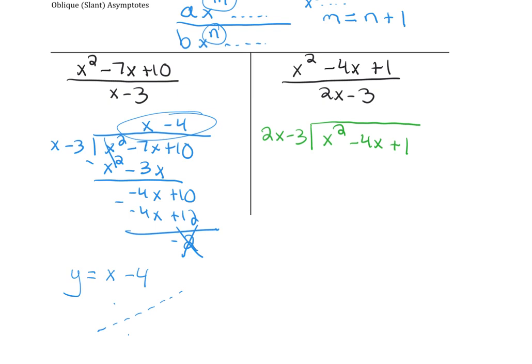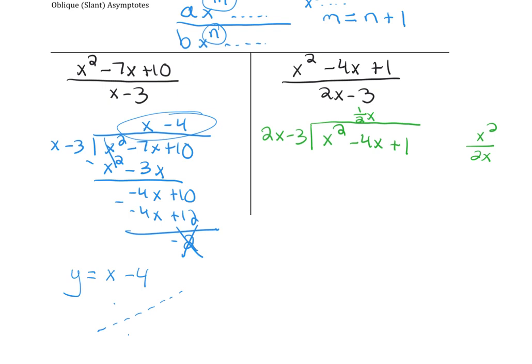Okay, we're going to do another one, and I know you guys are good at long division, but we're going to do one where we have fractions within long division, and you're not used to seeing that. So the process is still the same. If we do x squared divided by 2x, that is 1/2 x.